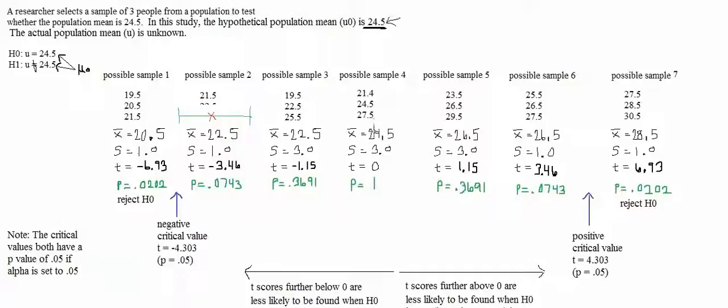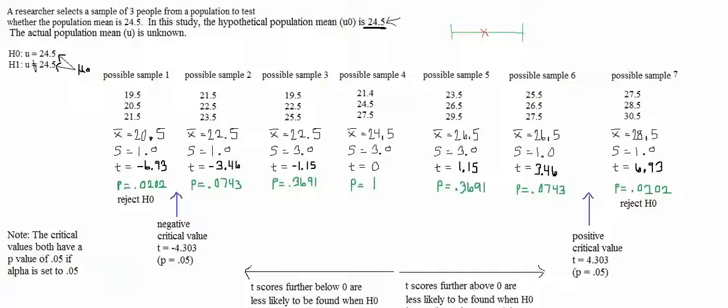If the population mean has actually been shifted down here, then the sample mean should be somewhere around the actual population mean down here. And in this situation, I'm likely to get a sample mean somewhere around the 22 area. And because of that, I'm likely to get one of these t-scores that are further toward the negative end.